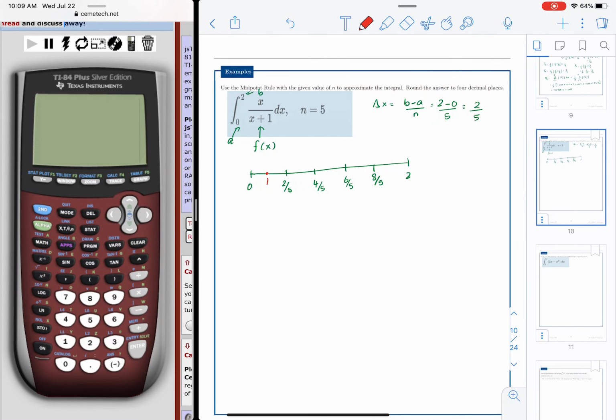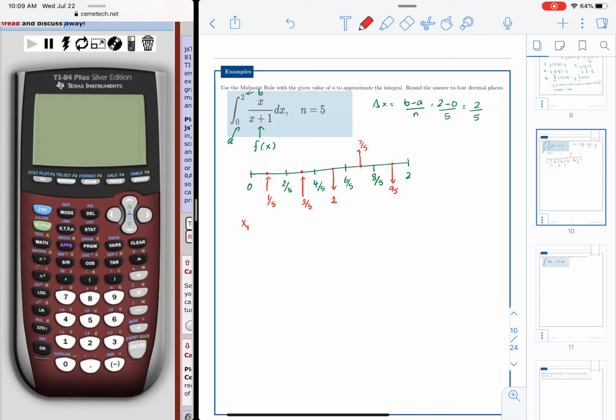The midpoint there is 2 over 5 divided by 2, which is 1 over 5. The midpoint there would be 3 over 5. Midpoint there would be 1. Midpoint there would be 7 over 5. And midpoint there would be 9 over 5.